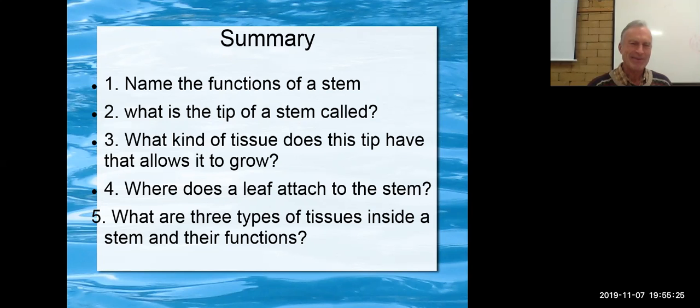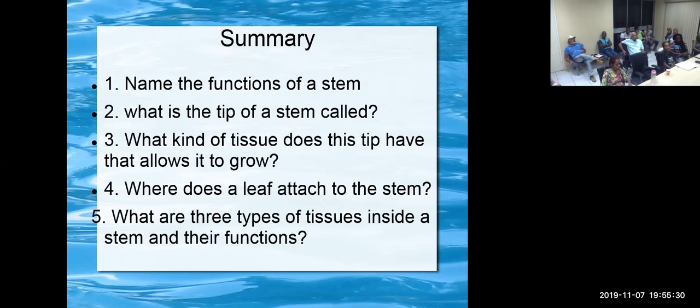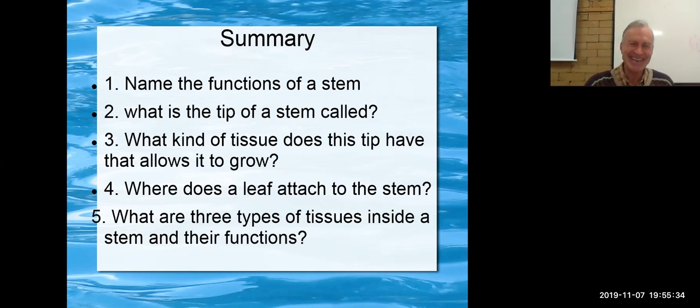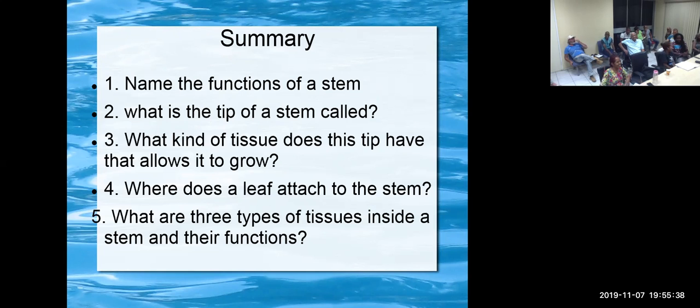What are 3 types of tissues inside a stem and their functions? Apical meristem. Good. What does it do? It grows. Yeah, well, growth. And another one? Cambium?